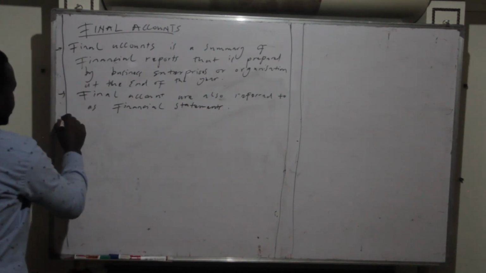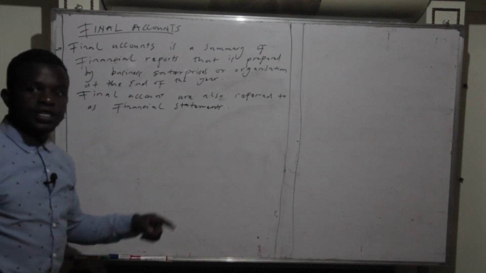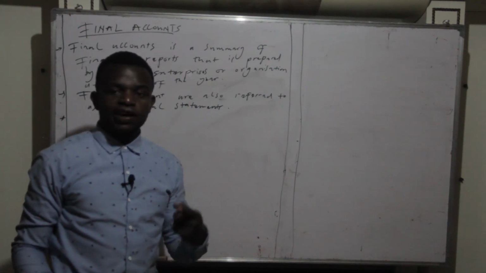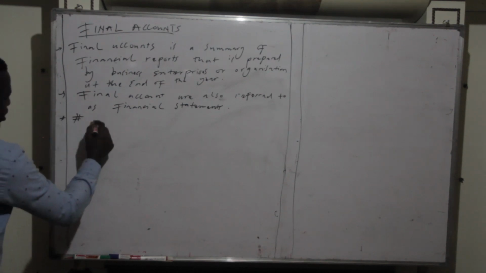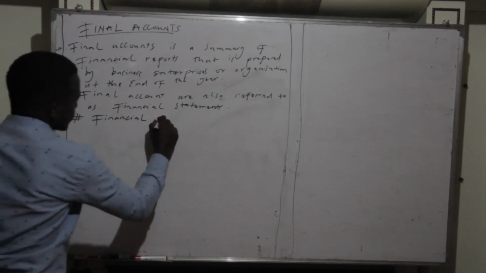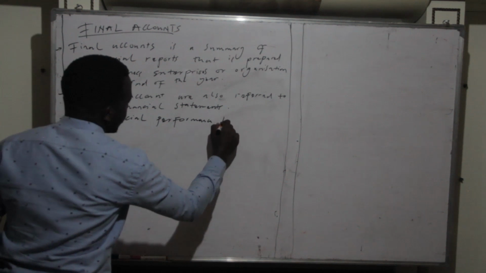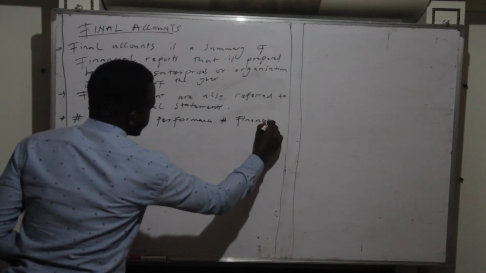And I said that these final accounts show two things. They show the financial performance. They also show the financial position. So we can say they show two things: the financial performance and financial position.